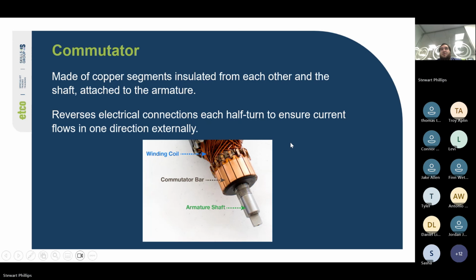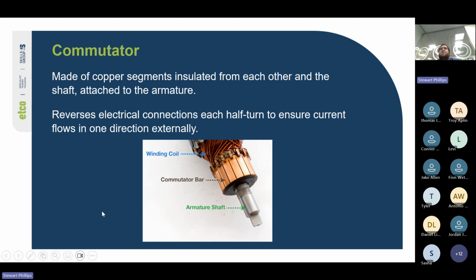Because if you look here, these segments are quite tiny. So every time the brush shifts to a different segment in the commutator, it's getting voltage and current from a different coil.